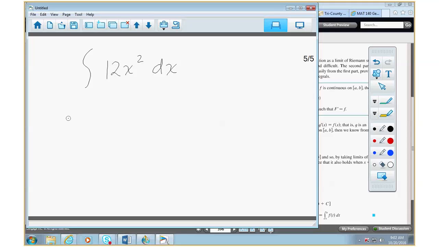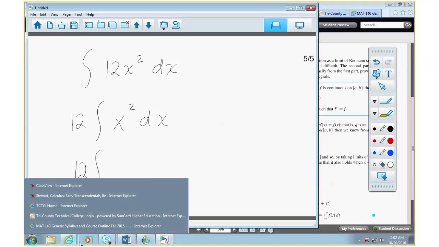So, 12 comes out. That'll be x to the what? It's 2 plus 1. 3 over 3. And I don't need that after I do it.